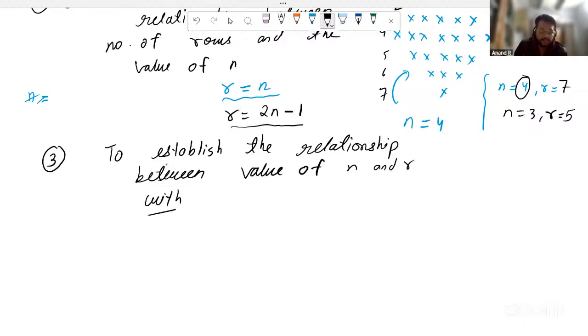R denotes row, n denotes your input, and c denotes the number of columns.